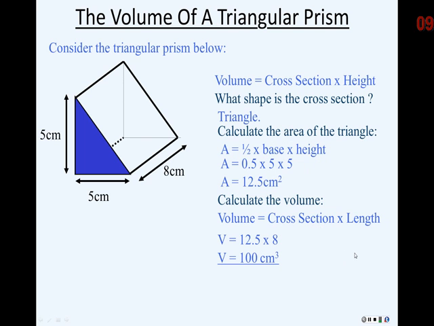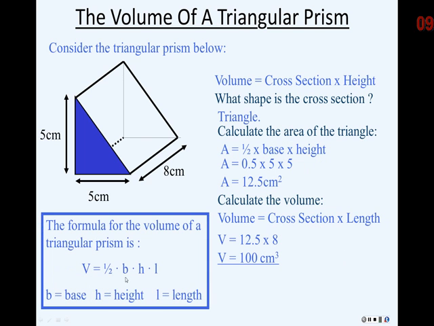But like I said, what I like to do is put it all together. So in this formula, the volume of a triangular prism is 1/2 the base times the height, which is your area, times the length, which gives you your volume. Or another way to write this is the way I wrote it on the board.